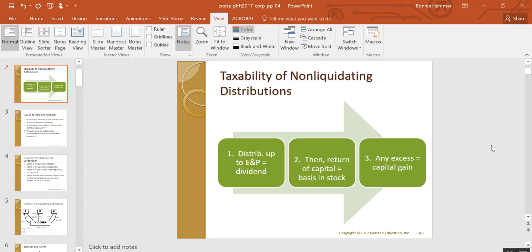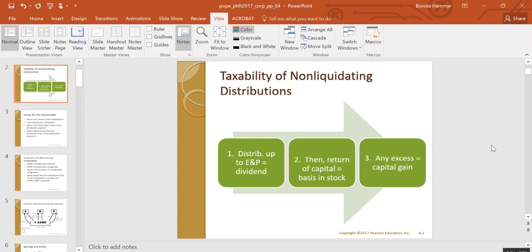And you would calculate it on a yearly basis and track it in, like, an Excel schedule, so that if and when the corporation does make a distribution, you're not running around like crazy trying to figure out, did it make a distribution in excess of E&P? A lot of corporations will fail to track their E&P, and then all of a sudden they're making a distribution for the first time in 10 years.